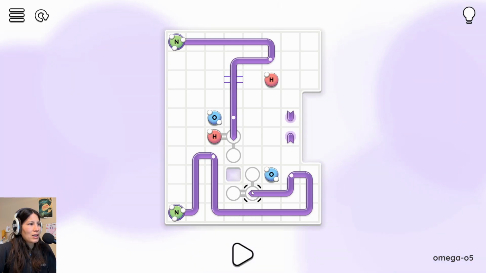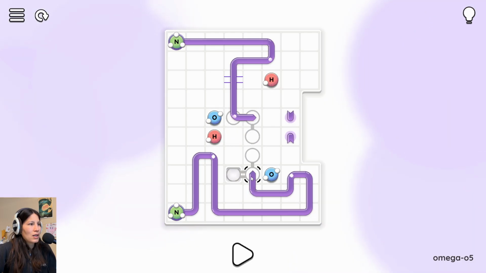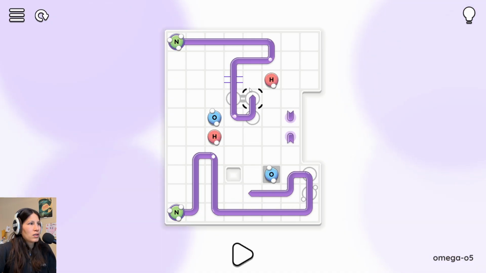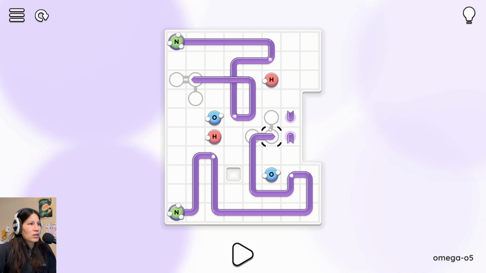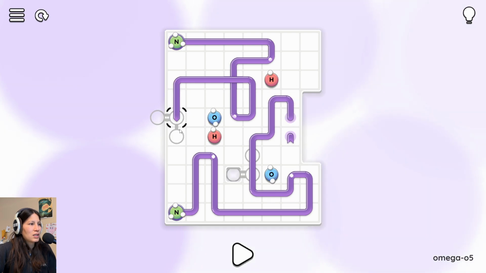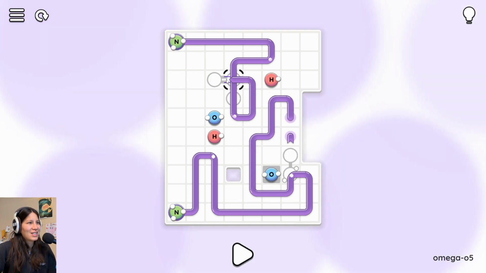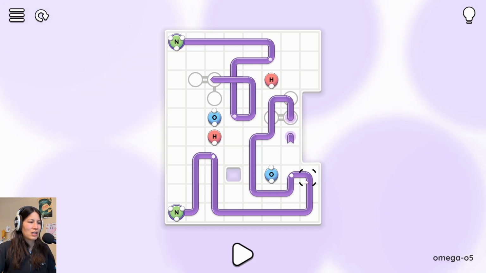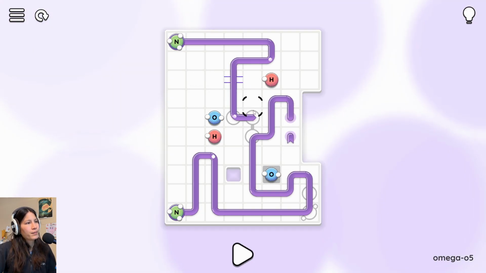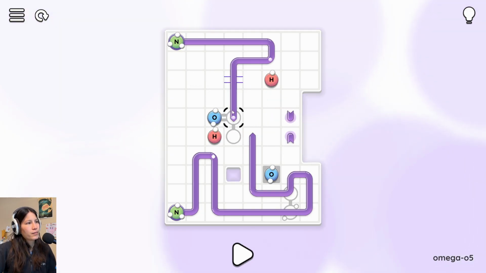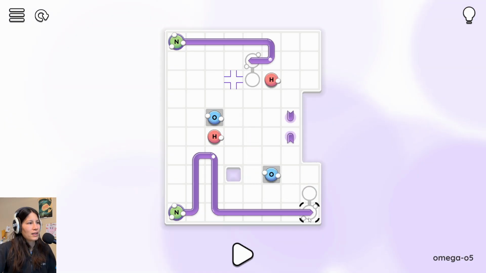But then how do I get... So then I want this to go here. Then I can go around, and then this one can go here. But then this is stuck. I need another chunk, another crossing. So yeah, this H is the problem.